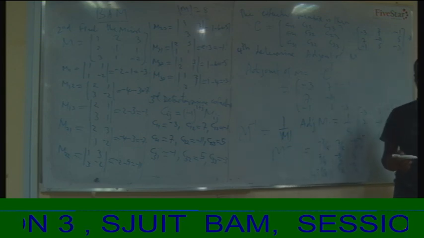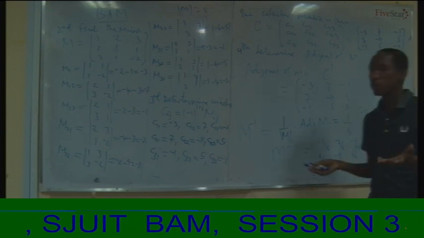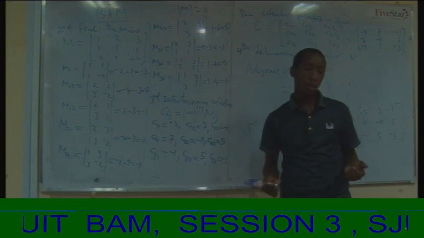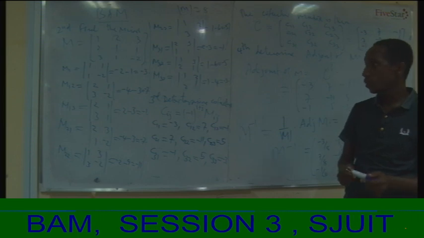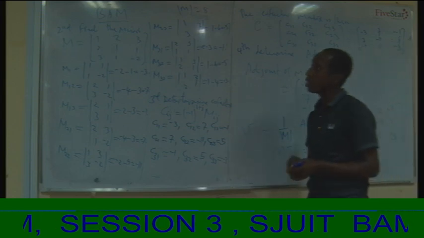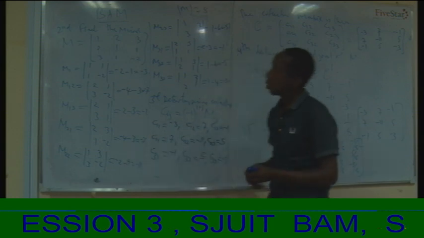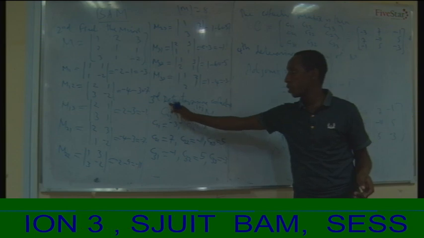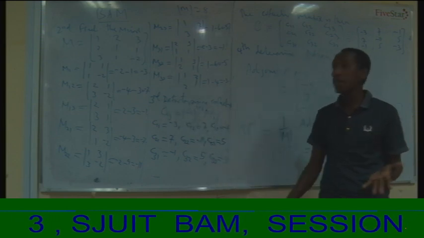So to get the inverse of a 3 by 3 matrix, we need to do a couple of steps. The first step is to find the determinant of the given matrix, and what we did is just the row expansion. We expanded the matrix along the first row. Then we find the minors of the matrix, which are the determinants obtained by cancelling the row and column. After getting the minors, we find the cofactors, obtained from the minors with this relation: if i plus j is even, the sign does not change.